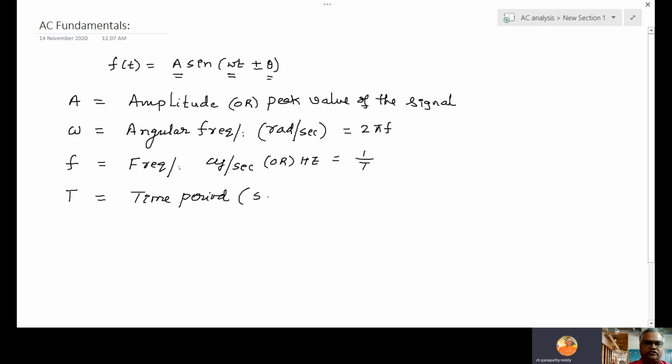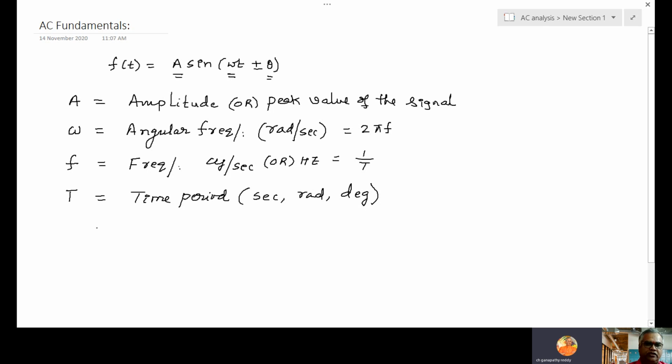Units are seconds, or it can be radians, or it can be degrees. Generally, we say in seconds, but we can also convert seconds into radians or degrees, or radians or degrees into seconds. General units are seconds.